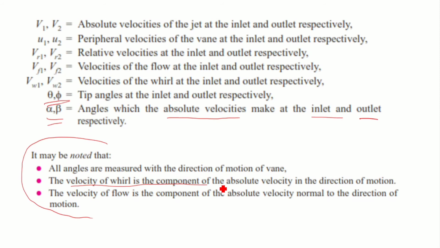Velocity of whirl is the component of absolute velocity in the direction of motion, which we can take as the horizontal direction. Velocity of flow is the component of absolute velocity normal to the direction of motion. You must be careful about these three things while drawing the velocity diagram.